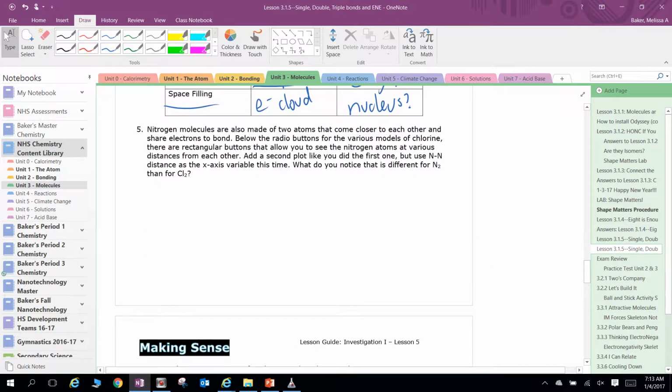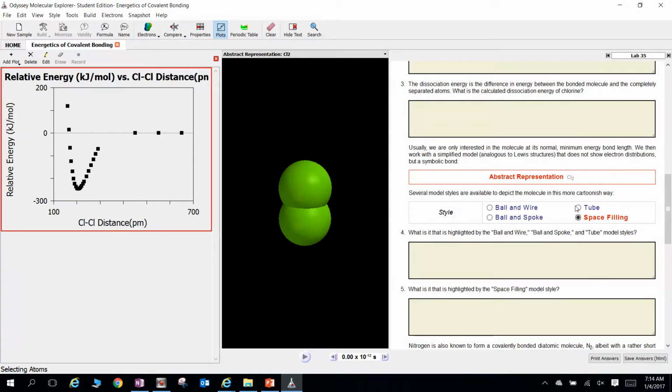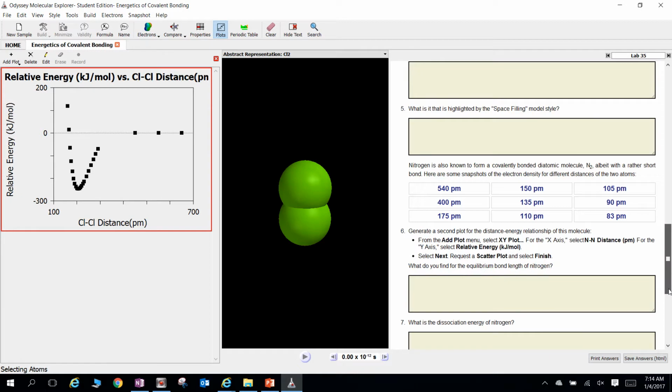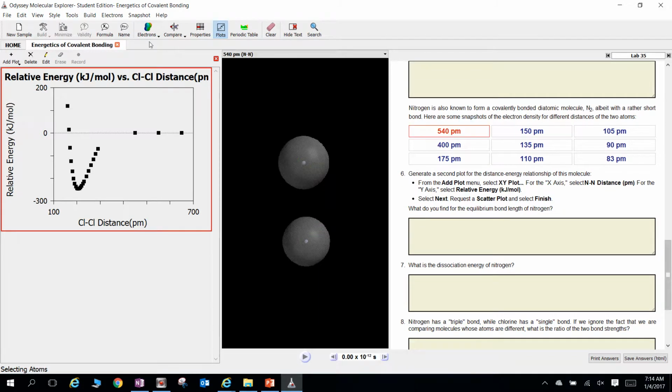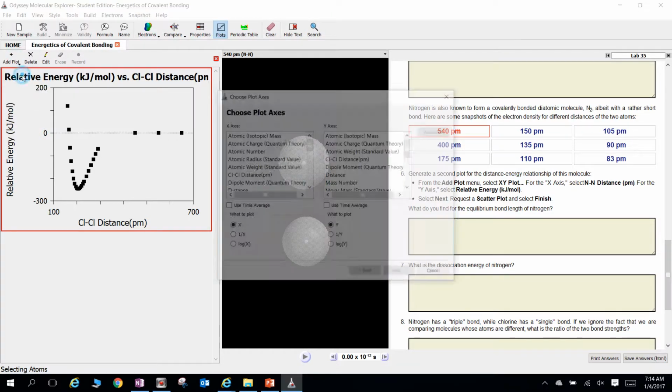It says nitrogen molecules are also made of two atoms that come closer and closer together. It says there are ones that allow you to see the nitrogen atoms at various distances. Use NN distance. Okay, so we're going to plot NN. Let's see. So here are the two nitrogen atoms.